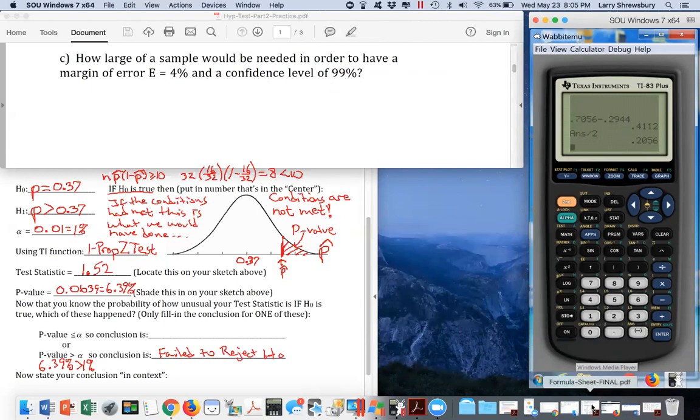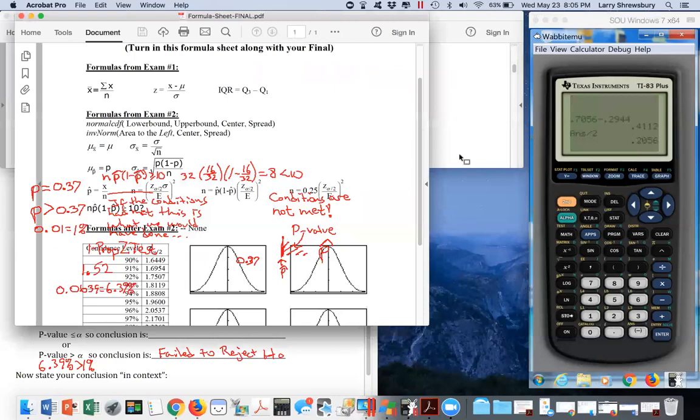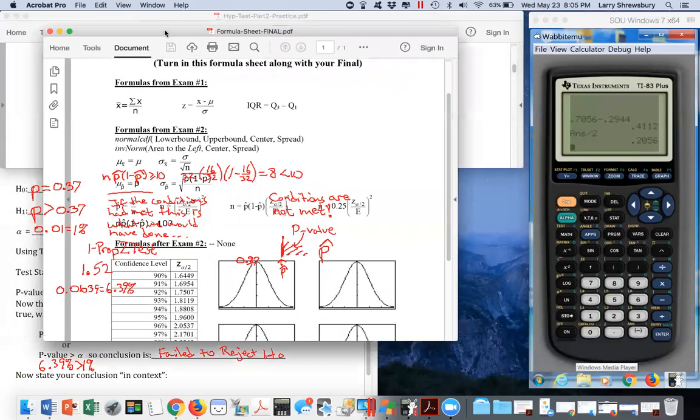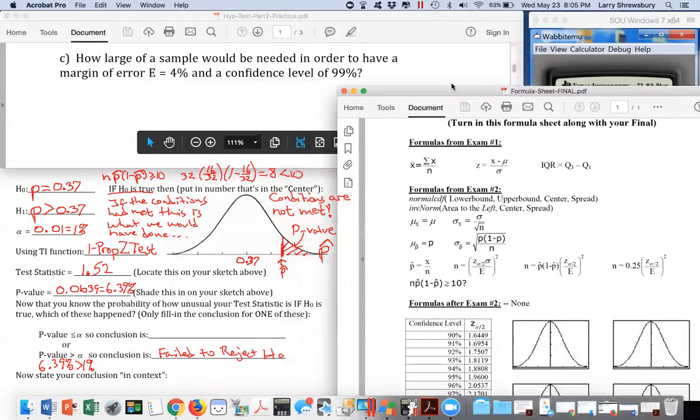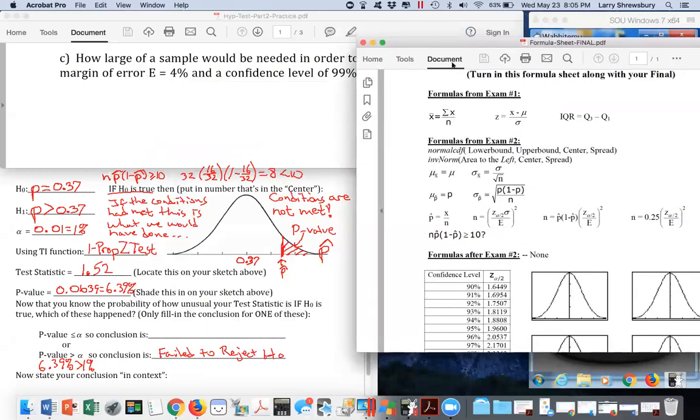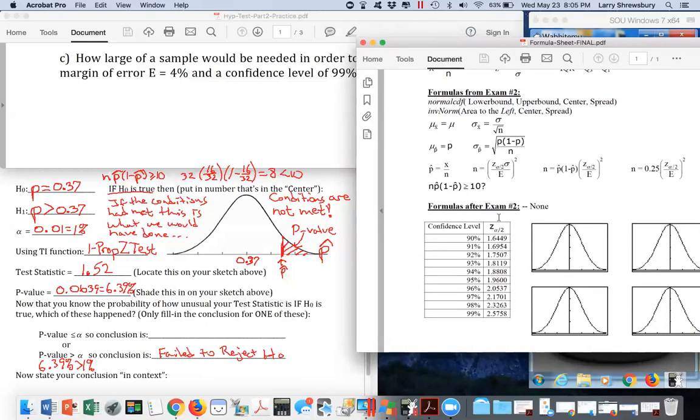Well, now, looking at your formula sheet, let me move this over here. I don't want to get rid of all that writing there. So, which formula are you going to use? Well, let's see. You can't use this one because that's only for quantitative data. This is binary data. Okay, so it's between these two.